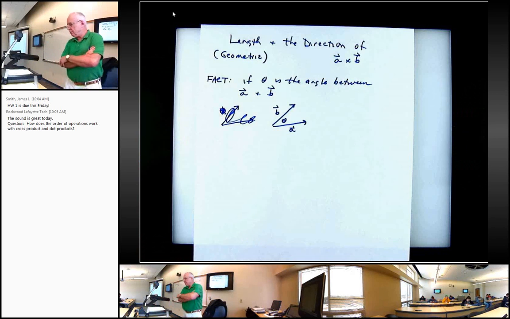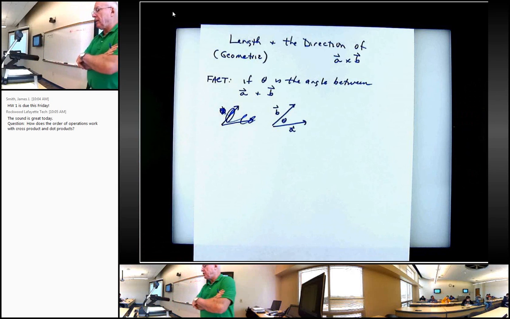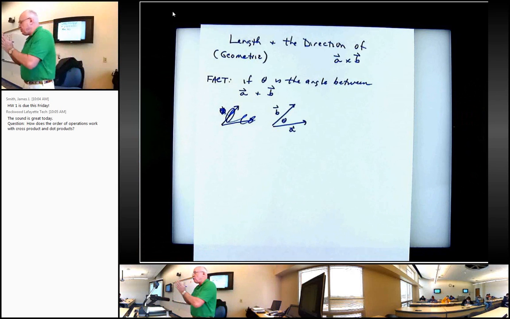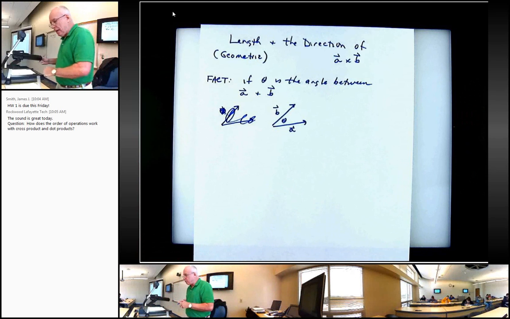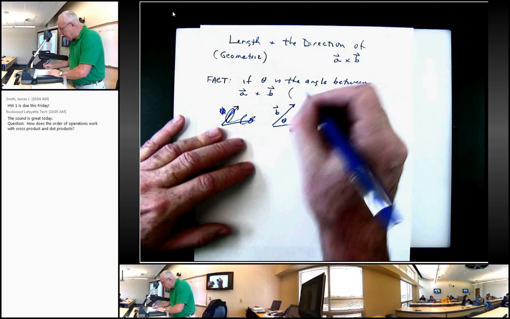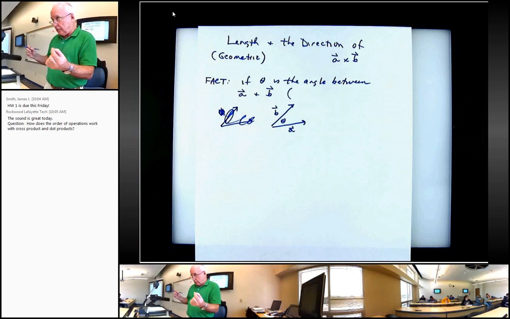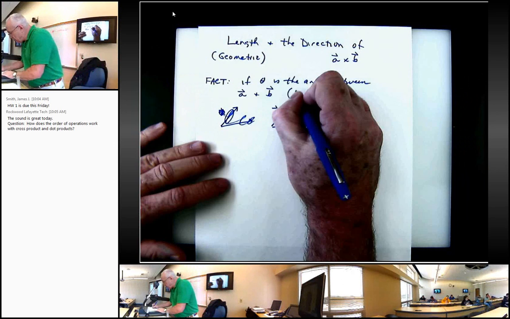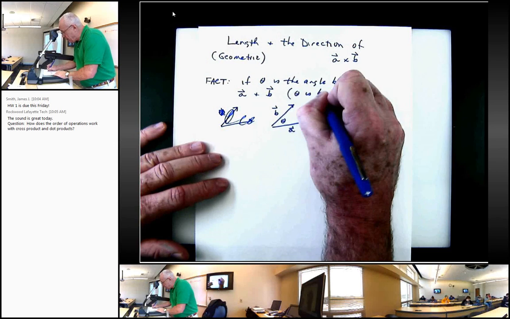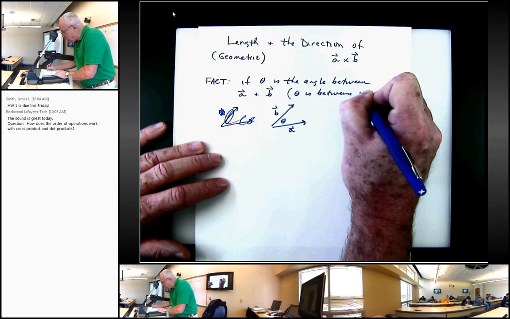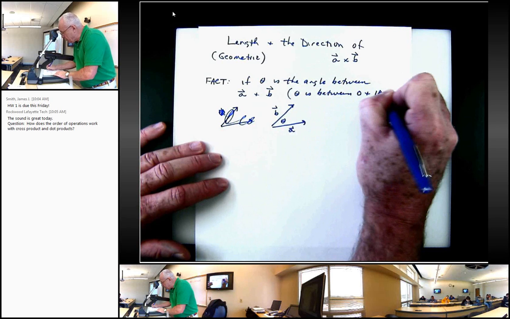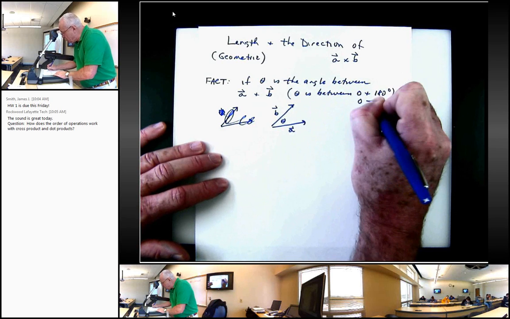I'll explain that stuff in just a second. So that's if we join them at their tails, that's the angle between them. And we're assuming here that this angle theta is between 0 degrees and 180 degrees. So theta is between 0 and 180 degrees, or 0 to pi.